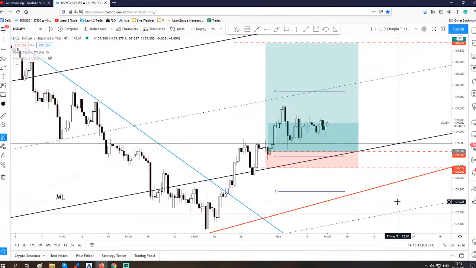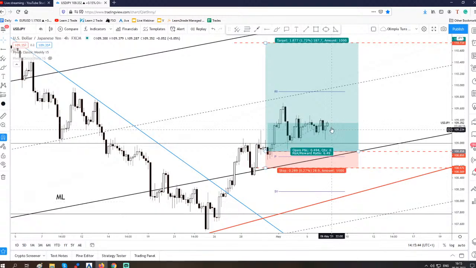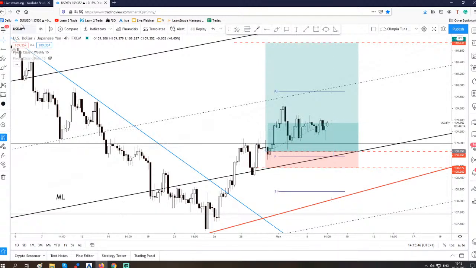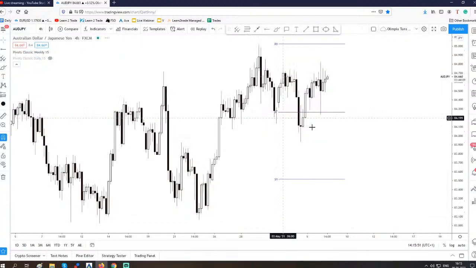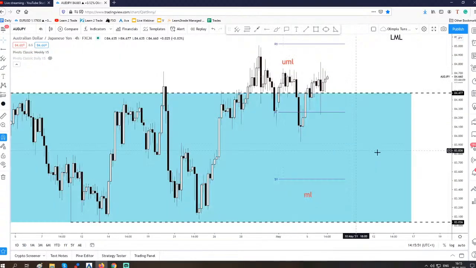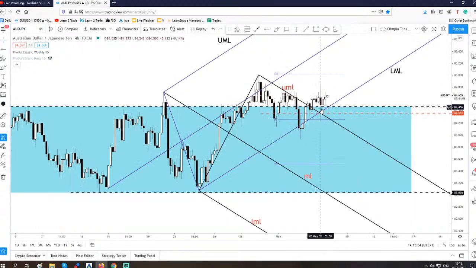US dollar versus the Japanese yen could continue to increase. Australian dollar versus the Japanese yen looks good as well, after this false breakdown with great separation through this confluence area, so the pair could continue to increase. We will take a look at the crude oil as well.